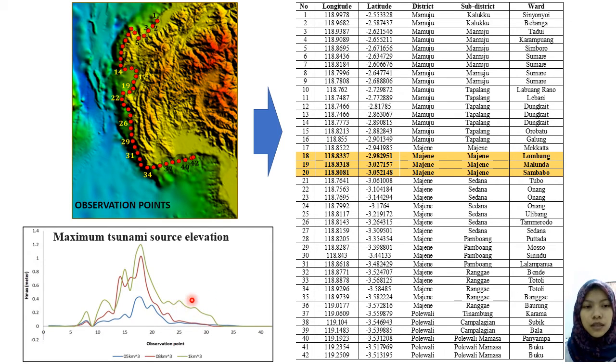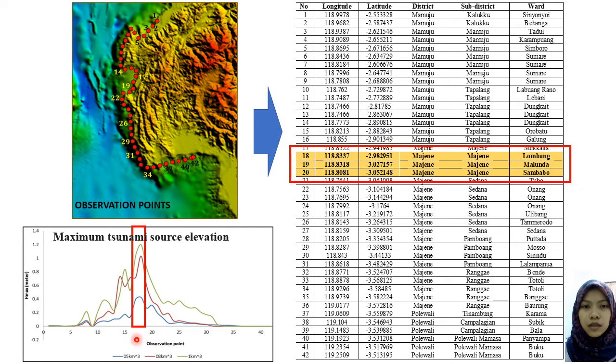The location hit by the highest tsunami elevation is the same for the three scenarios, which is located at numbers 18 to 20. It is highlighted in the red box and also in this orange table.